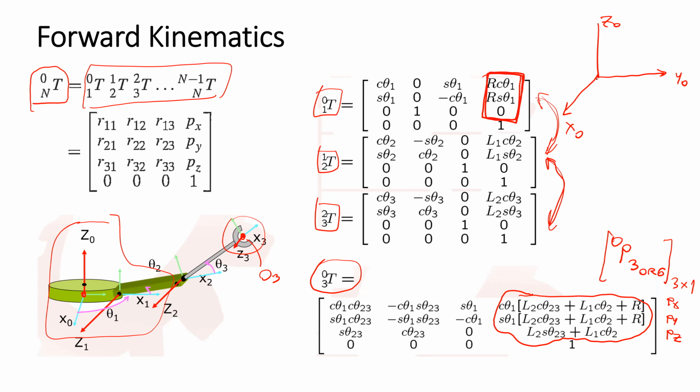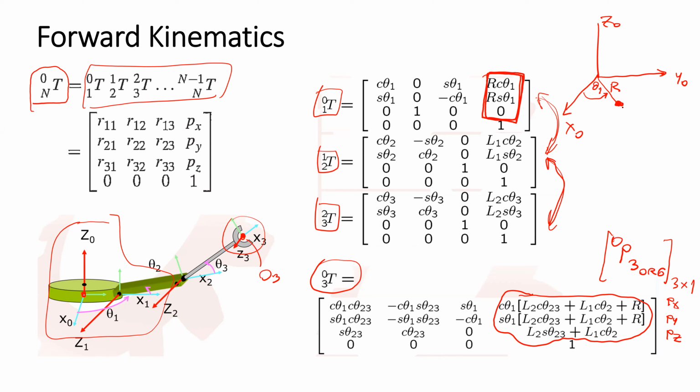The origin of frame 1 is put somewhere far from frame 0 with the radius r, and the angle between frame 1 and frame 0 is theta 1.